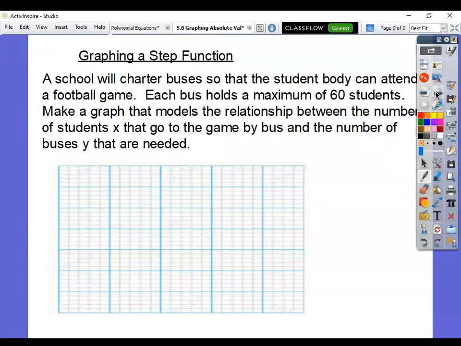Okay, so if you make an interval, when you have 0 students, you don't need any buses. 1 to how many students would give us 1 bus? We can hold 60. So 1 to 60 would be 1 bus.